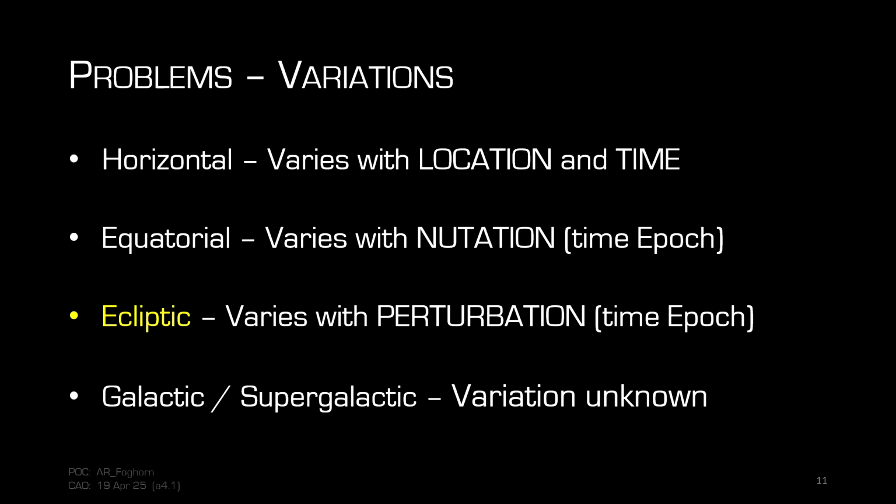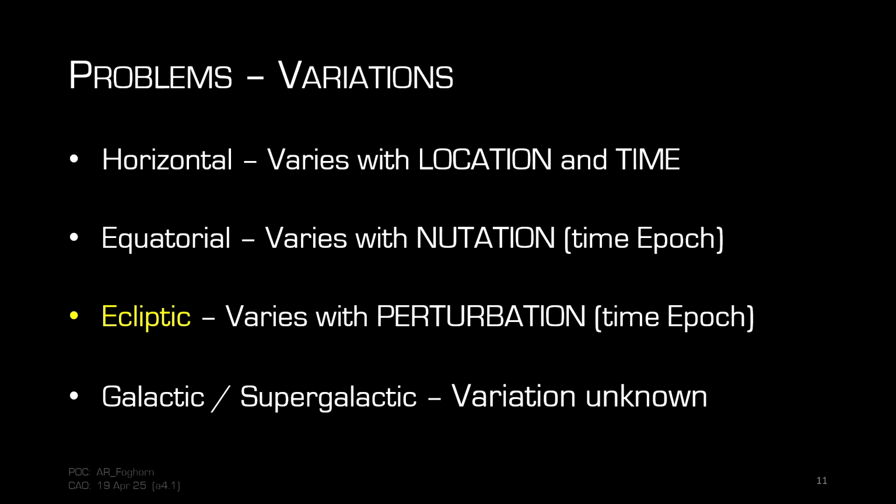The ecliptic system, which is what we use to navigate around the solar system, has to take into account what's called perturbation. The Sol system is on the Orion arm, or the Orion spur, of the Sagittarius arm of the Milky Way galaxy, and other solar systems and celestial structures float past us, and their gravity interferes with our gravity.